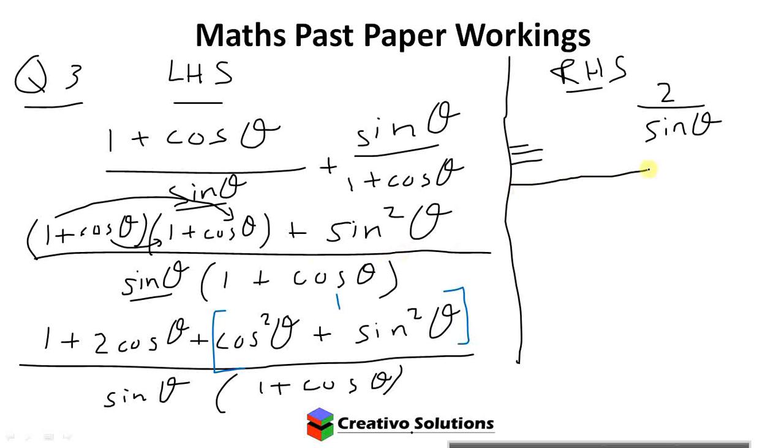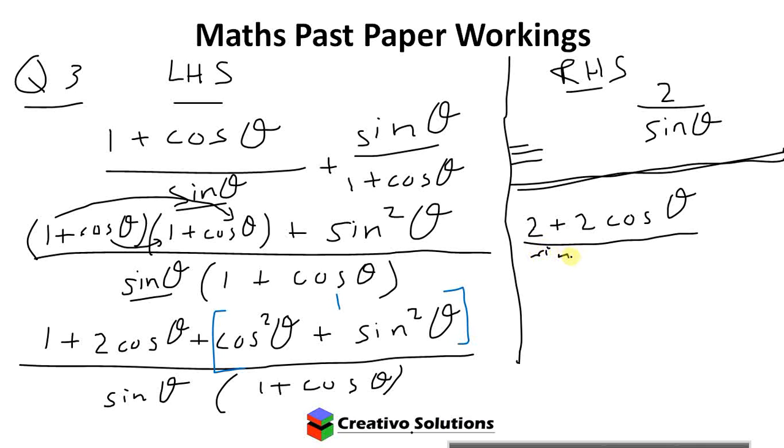So then I've got 2 plus 2 cos theta over sine theta times 1 plus cos theta. Do you agree? Can I factorize the top? Do I have a common factor? Yes, I have a 2 that's common.